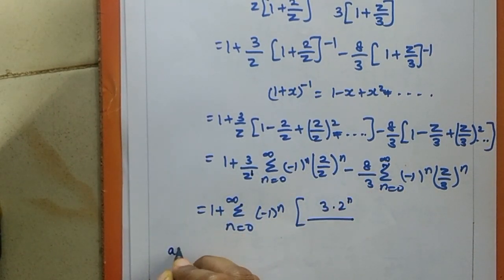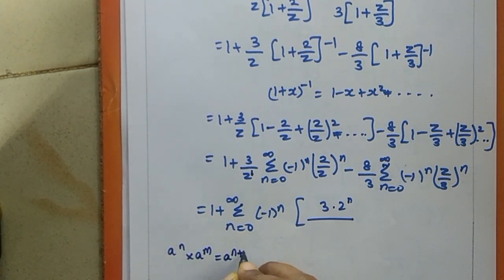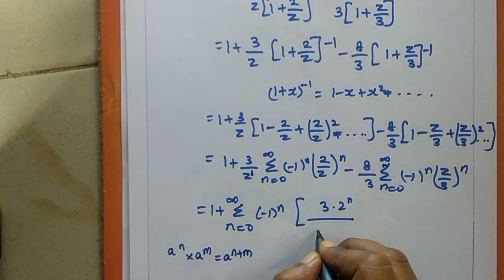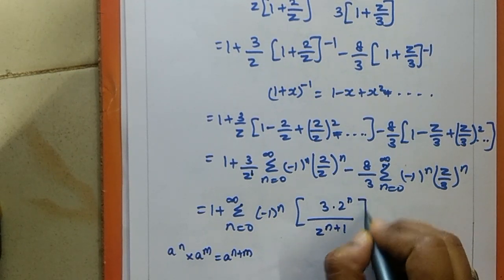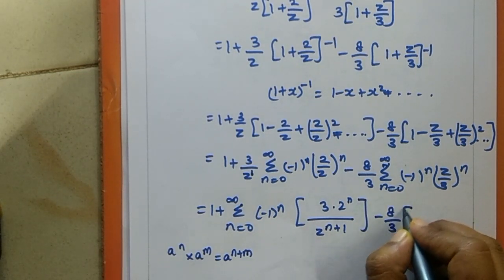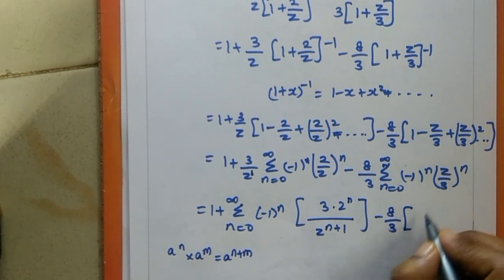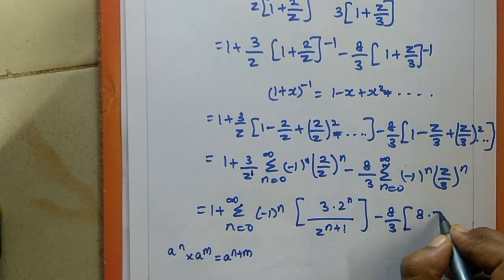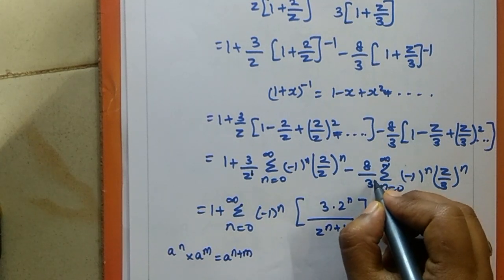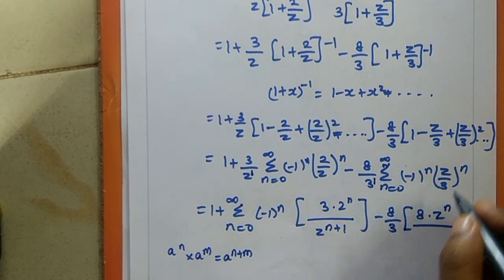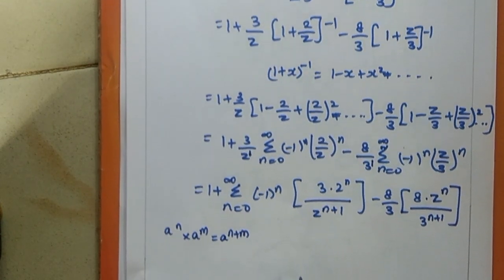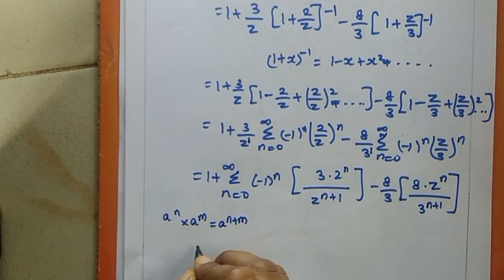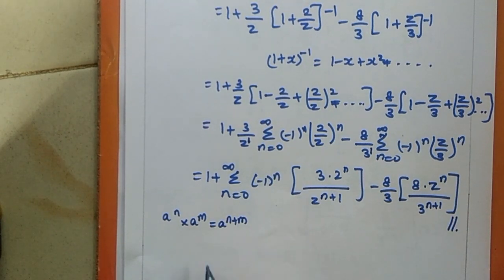We know a power n into a power m, the bases are the same, we add the powers, a power n plus m, the same here, z power n plus 1. Similarly, minus 8 by 3, 8 into z power n divided by 3 power 1, 3 power n. So add the powers of 3, it comes 3 power n plus 1. This is our Taylor series form.